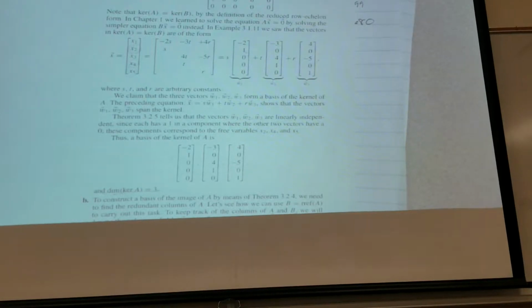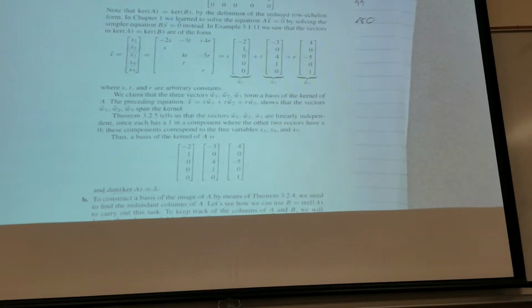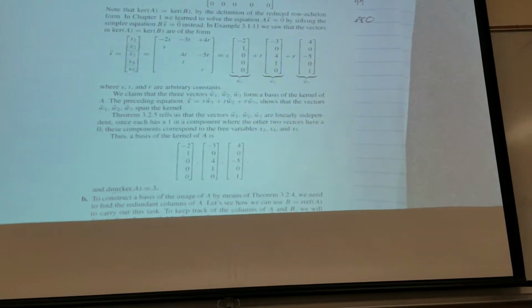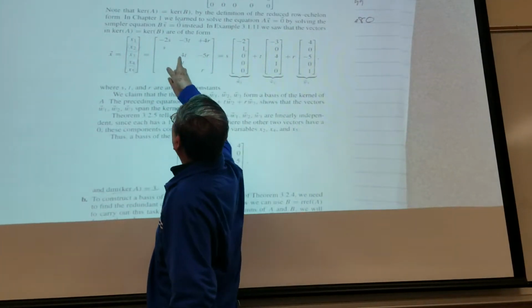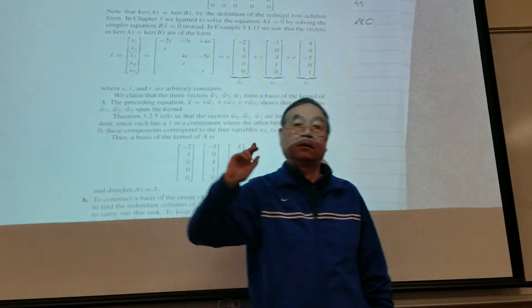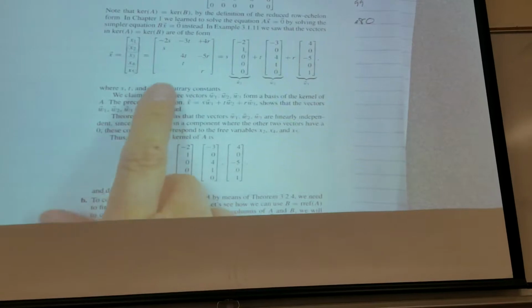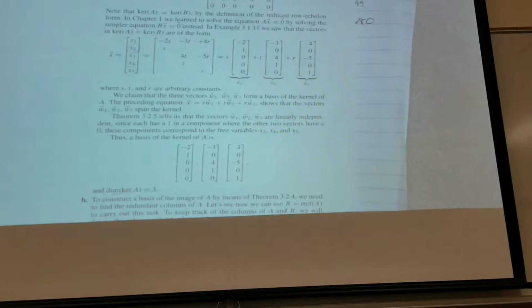What are these 3 letters? They are free variables, any real number, and they are independent. R can be any real number, T any real number, S too. Using these S, T, and R for x2, x4, and x5, we solve for the remaining 2 variables, which are the leading variables.